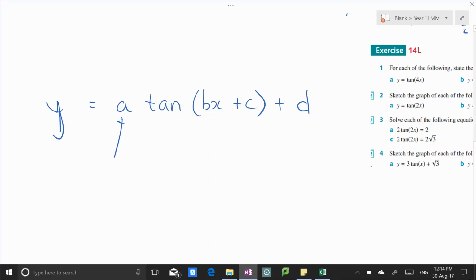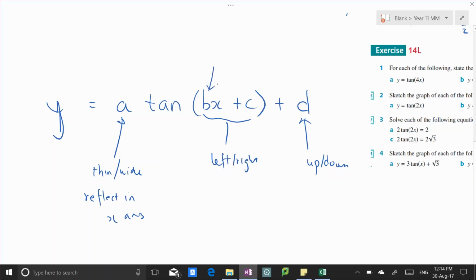So if you think about it, that's just making it thin or wide, still the same thing. If it's negative, it reflects in the x-axis. This one is up, down, exactly the same way I've been teaching, left or right.